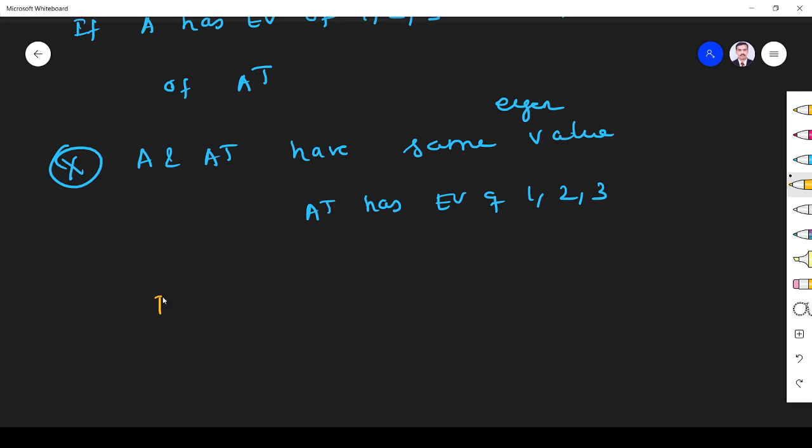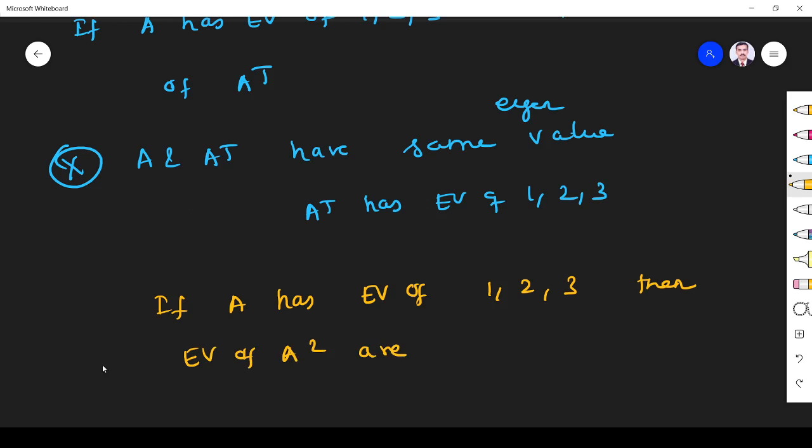Okay, next. If A has eigenvalues 1, 2, 3, then what are the eigenvalues of A square? What is the shortcut we can use?